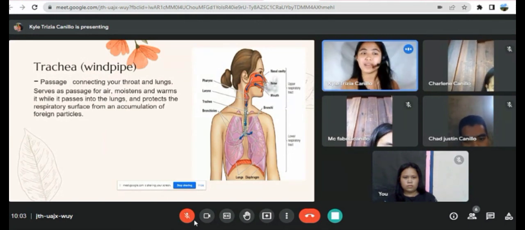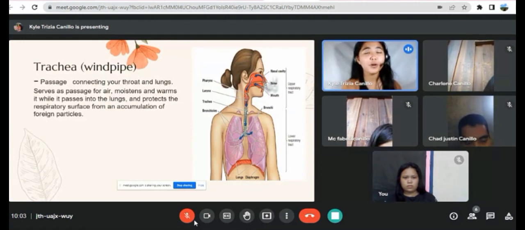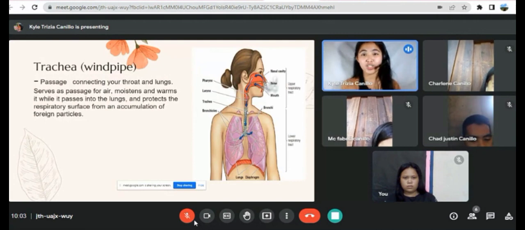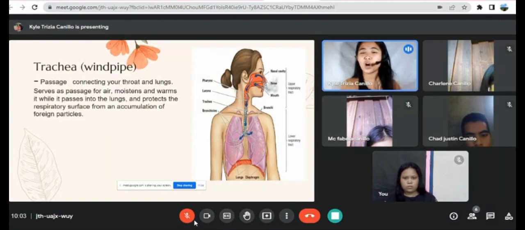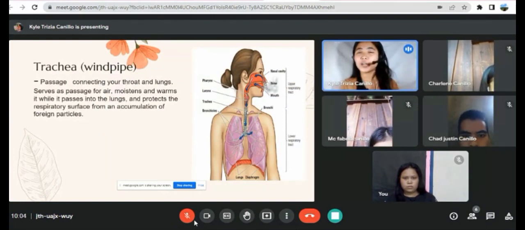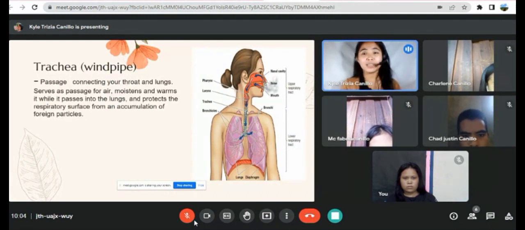It also protects the respiratory surface from the accumulation of foreign particles. The trachea filters the air that we breathe in, so that when it goes to our lungs it is all filtered, and the foreign particles that our body doesn't need are caught in the trachea.